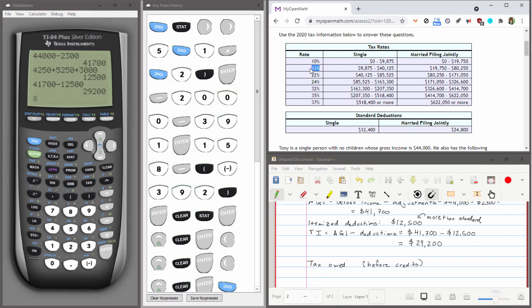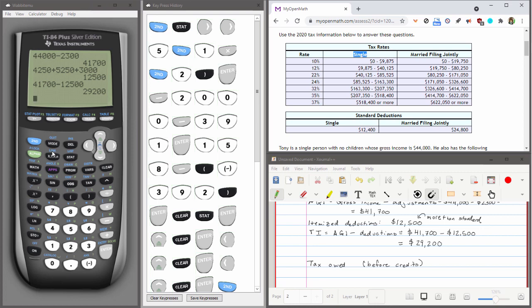So that puts him in the 12% tax bracket. That means as a single person, right, that's why we're looking at this column. As a single person, his first $9,875 will be taxed at 10%, and then the rest of his income will be taxed at 12%.